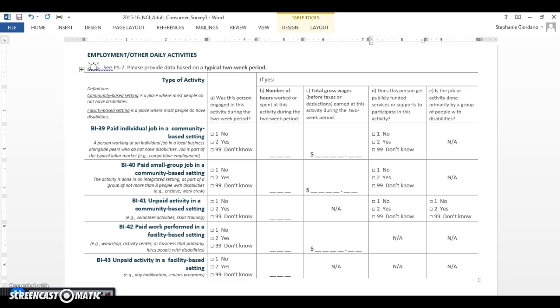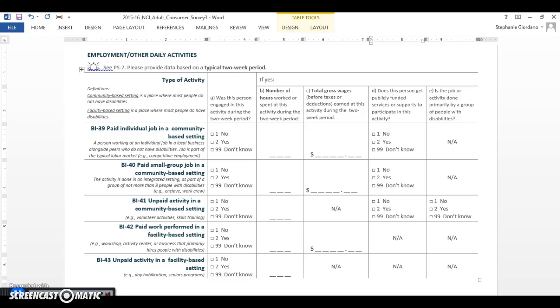We also ask about unpaid activities in a community-based setting. This can be something like volunteering. Paid work performed in a facility-based setting such as a workshop or activity center. An unpaid activity in a facility-based setting such as day habilitation or senior programs. For each of these questions, we ask how many hours in a typical 2-week period the person is doing this activity.